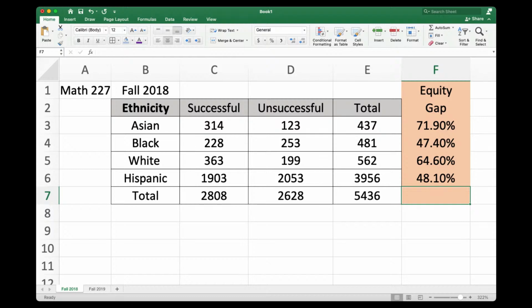Asian students, is that true? Okay, who was least likely to pass Math 227 in fall 2018? Black students. Okay, so these are known as equity gaps, ladies and gentlemen.